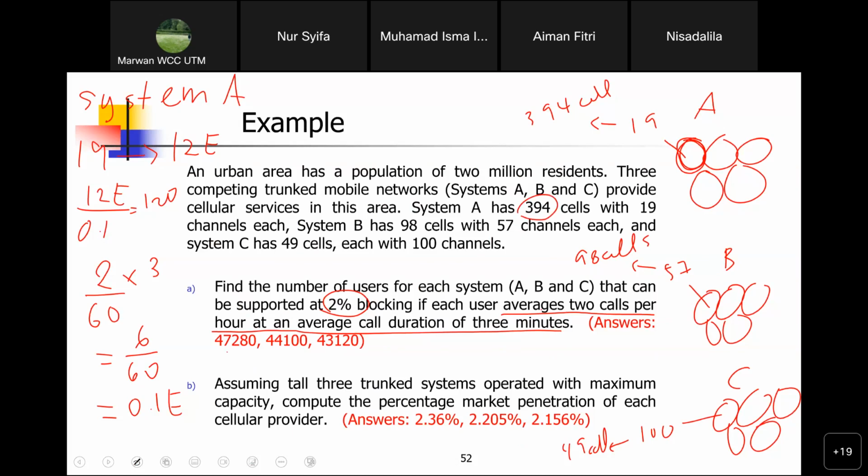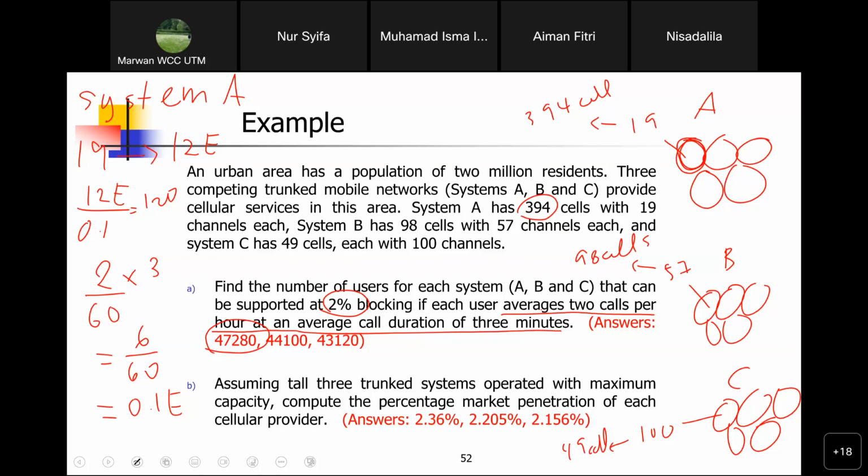Then you get the answer 47280. So the entire system has 394 cells, and one cell can serve 120 users because on average it is about 0.1 Erlang per user, and with 19 available channels you can have about 12 Erlang. So per cell you can serve about 120 users, and system A has 394 cells to cover the residential area.